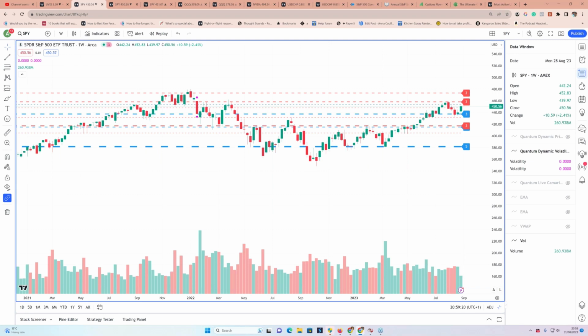Doesn't always happen, doesn't always reoccur, but it's something that the traders who take a very statistical, mechanical approach to the market will pay very close attention to. So that's the SPY.